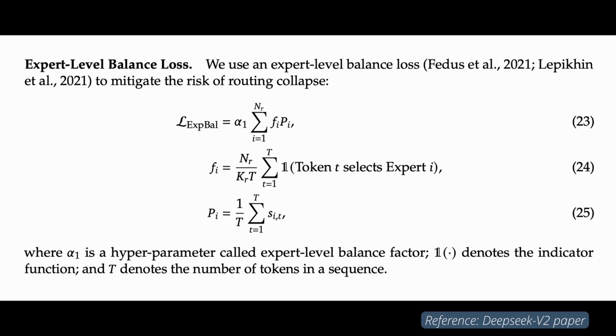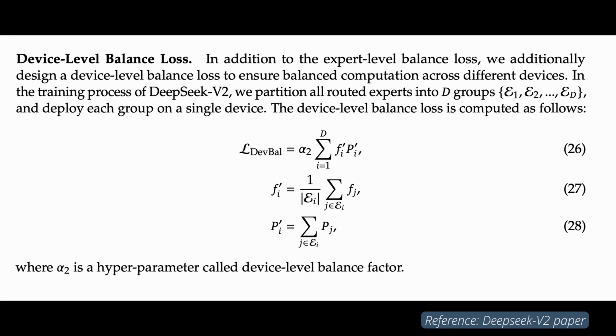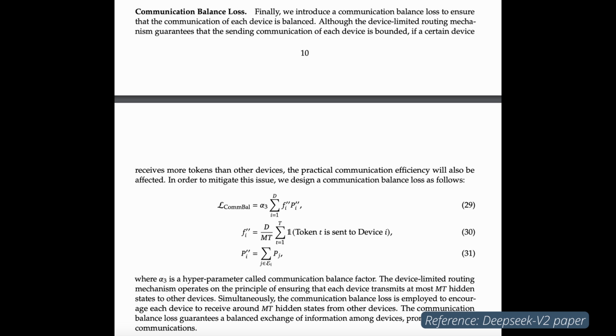For example, DeepSeek V2 uses 3 additional loss functions: an expert level balance loss that regularizes the router probability so that they are always balanced and do not become too skewed towards specific experts; then a device level balance loss for multi-device training that promotes that tokens from a batch are well distributed across multiple devices to properly utilize the computational resources to the maximum; and thirdly, a communication balance loss that promotes balanced exchange of information among different devices, promoting efficient communications.